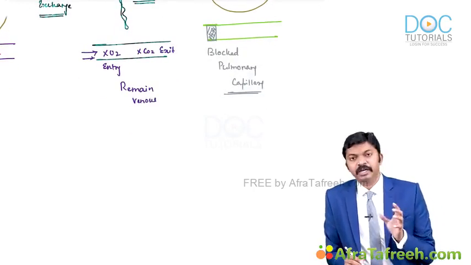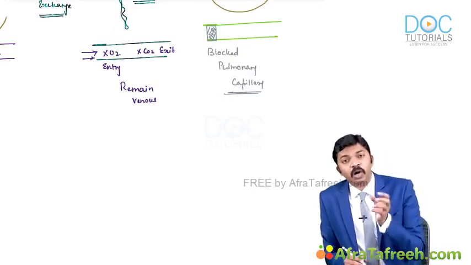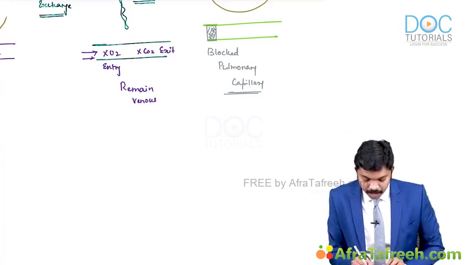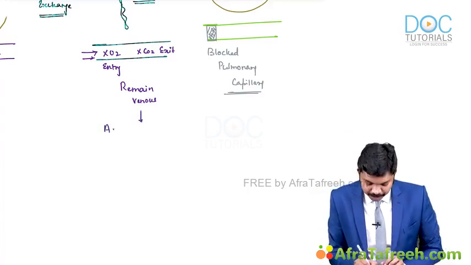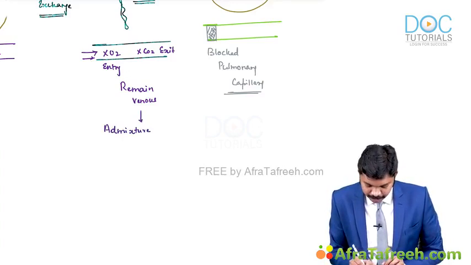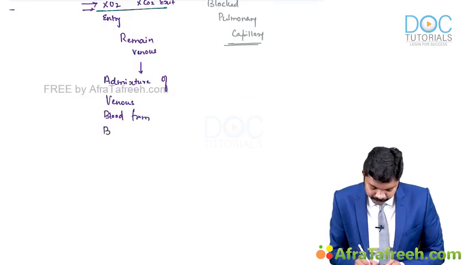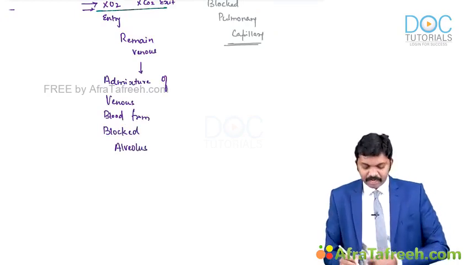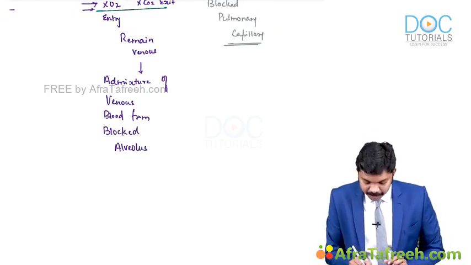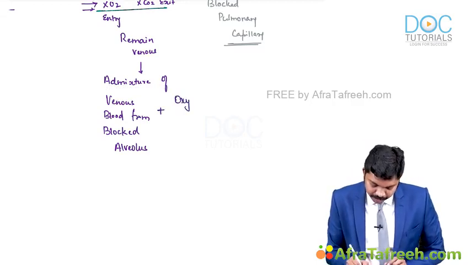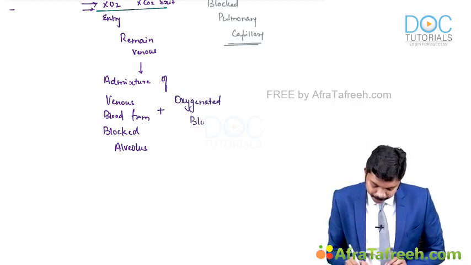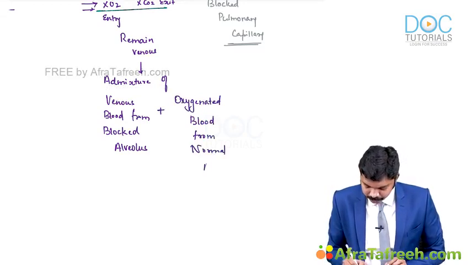When this venous blood gets admixed with normal oxygenated blood from other capillaries, we call this admixture. There is going to be an admixture of venous blood from blocked capillaries, from blocked alveolus, plus oxygenated blood from normal alveolus.